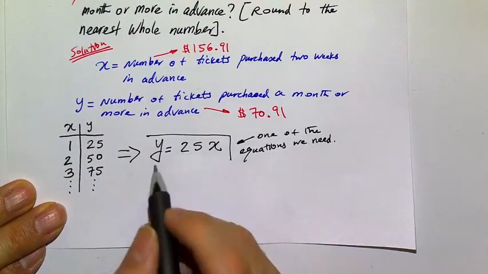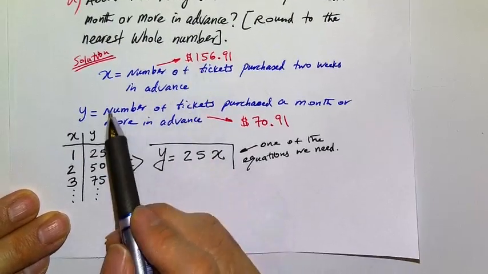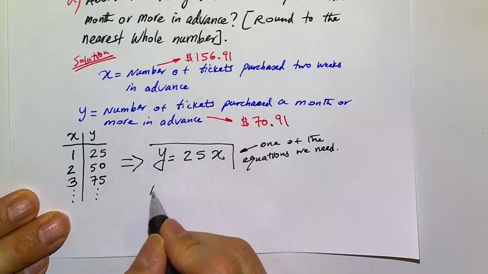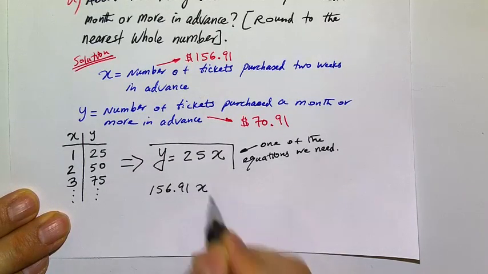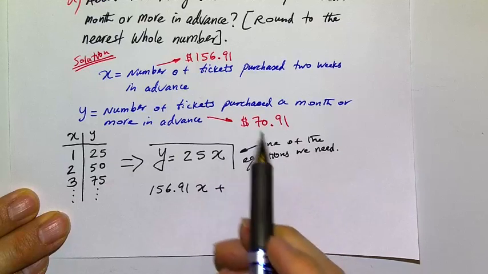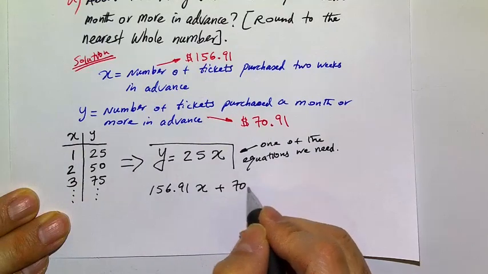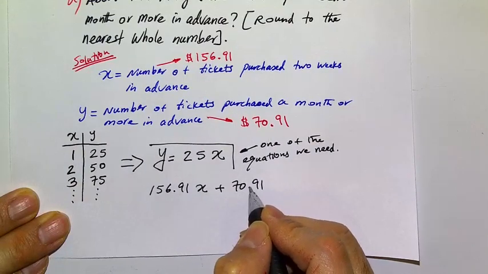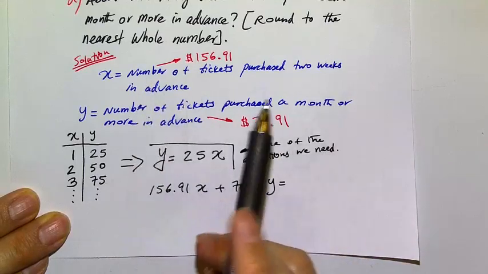We know that 156.91 times X plus $70.91 times Y is equal to that total amount.